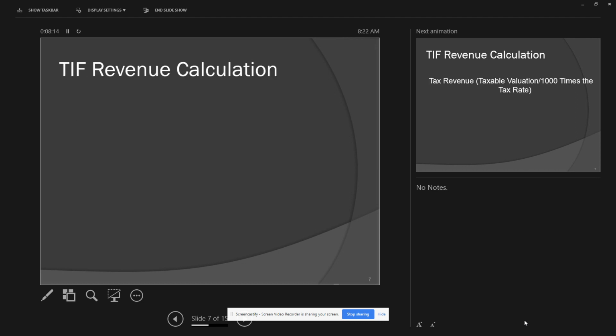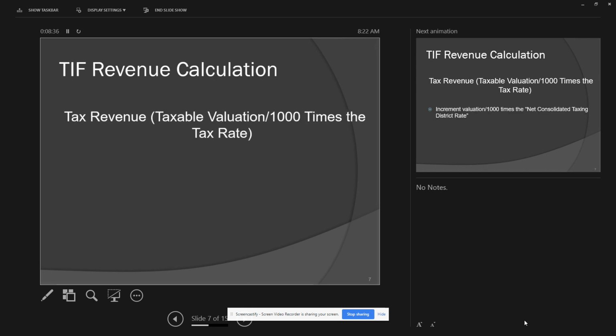So we determined what our potential valuation would be, right? If someone were requesting the maximum and getting all potential revenue, we would use that formula that we discussed to arrive at that maximum potential value needed to get the maximum potential TIF revenue. Well, TIF revenue itself is that taxable valuation divided by 1,000 times the tax rate.